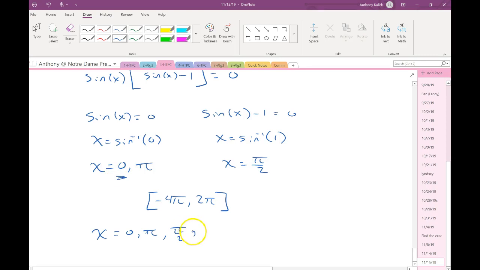Yes. What else should be in there? 2 pi, -2 pi, and -4 pi. So all of those 4 answers came from 0. Everybody agree with that? They're all coterminal.